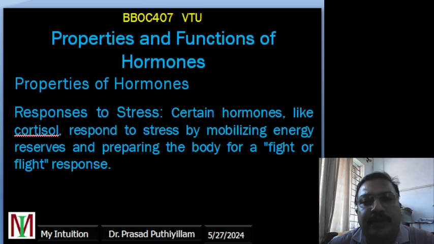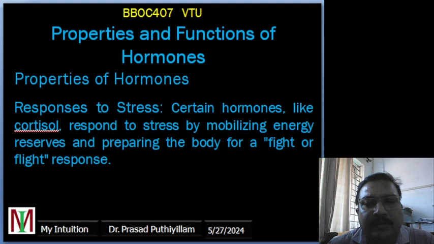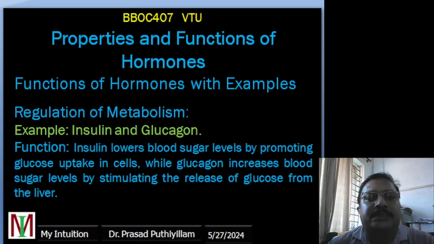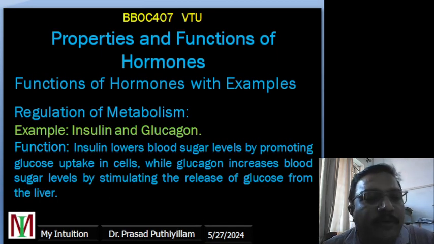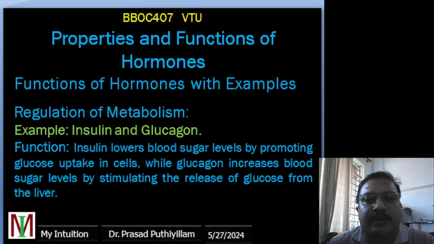Then we move on to the functions. Regulation of metabolism. Example is given, insulin and glucagon. Insulin is a hormone which is produced in the beta cells of the pancreas. The primary role of insulin is to lower the glucose level, especially in the liver, muscle, and fat, the adipose tissues.